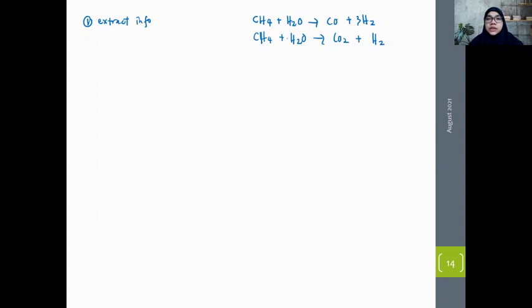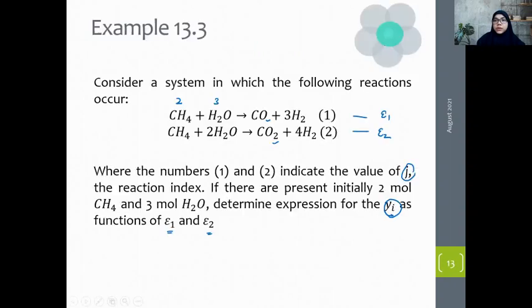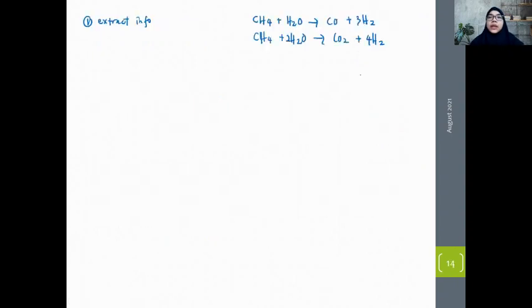So balance the reaction. We have 6, so 3, 4, 2, 2, so we're going to have 2, 4, 8. So let me check. Okay, it is balanced. And then extract the information: we have -1, -1, +1, +3 for the first reaction, and -1, -2, +1, and +4 for the second.